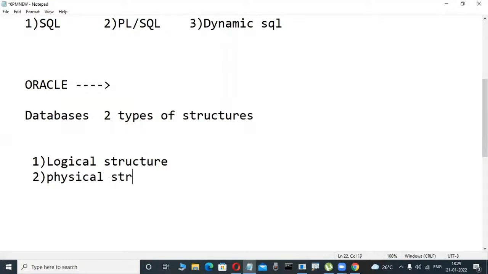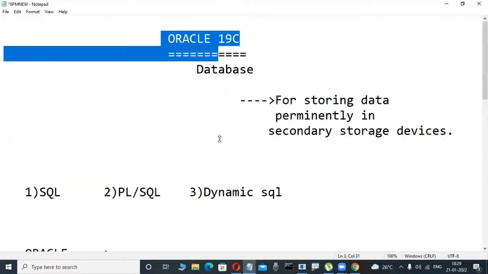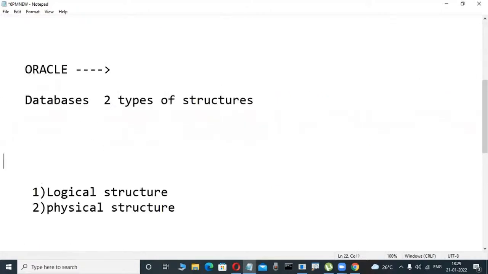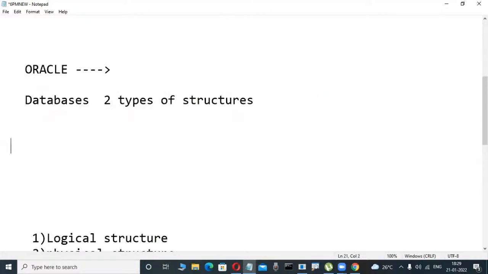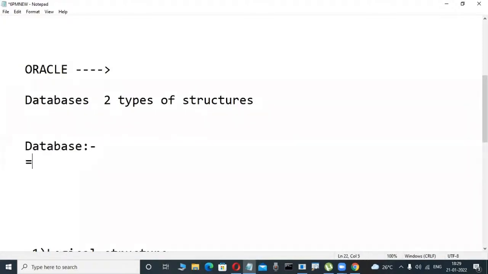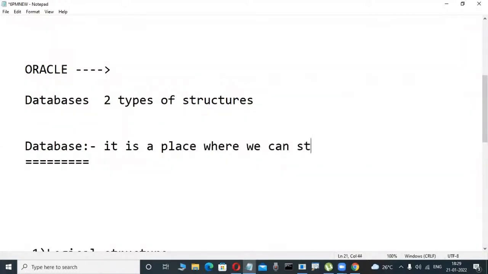Before we tell what the logical and what the physical structure is in every type of database software, let's look at the database definition. In the books that we are referring to, so many fellows are writing it like this. At least today you understand what a database is. Anybody looking at Google or books, it is a place where we can store, in a computer system, a structured collection of data.